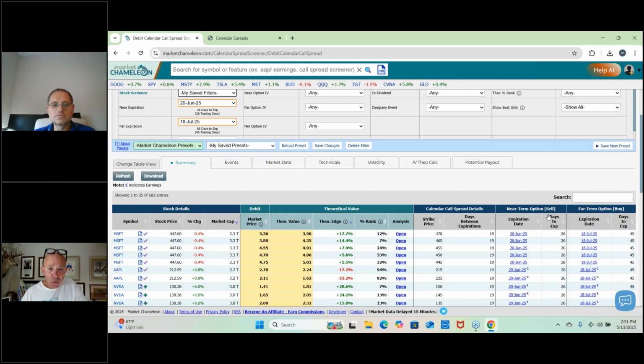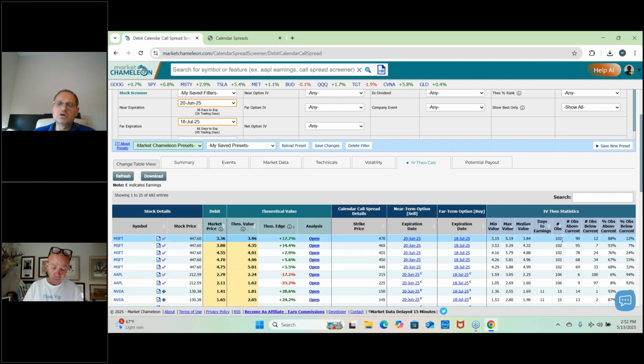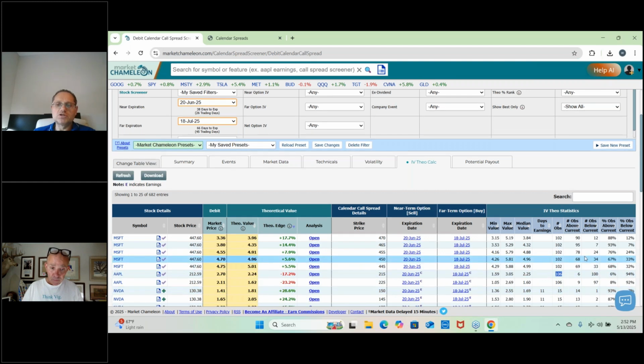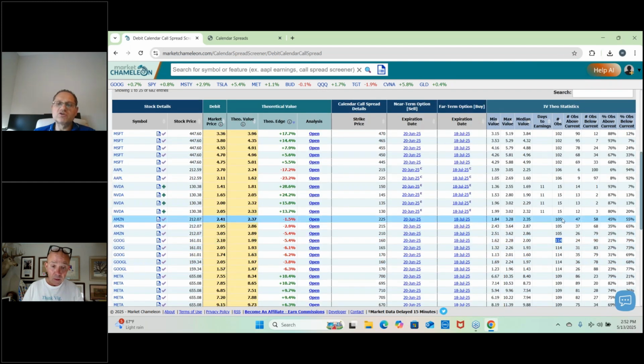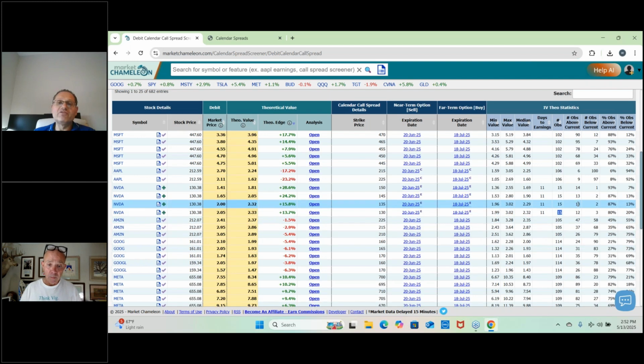Dan's asking, can you toggle the number of observations to obtain a more robust number of observations? I think what you're referring to is the number of observations in the screener, like these observations that are available.